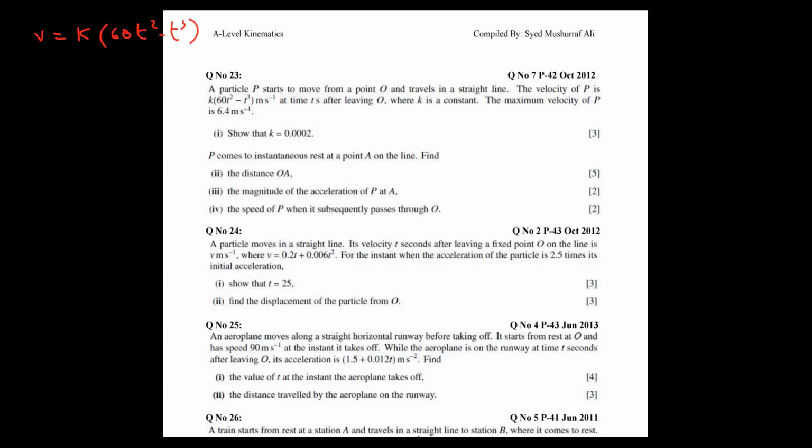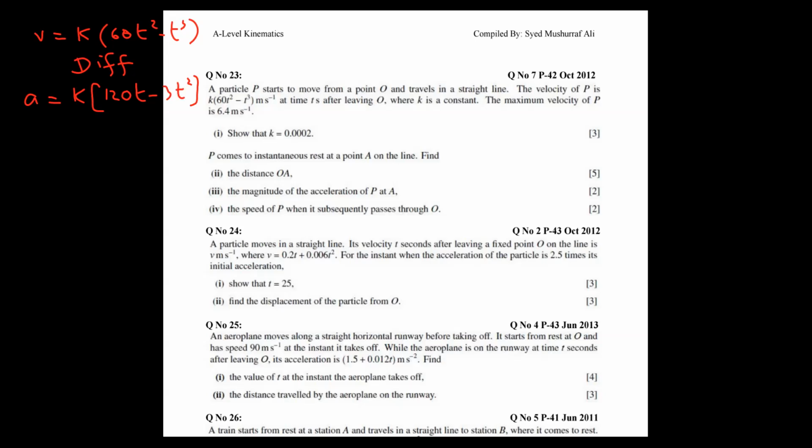Now I'm going to differentiate, so I get acceleration. k is outside, keep as it is. This 2 comes down and multiplies with 60, I get 120t, and the power reduces, 3t².